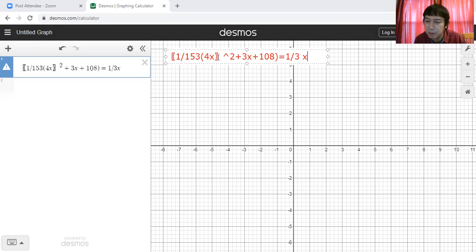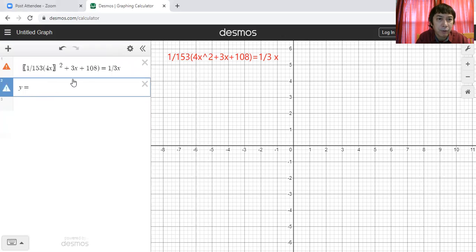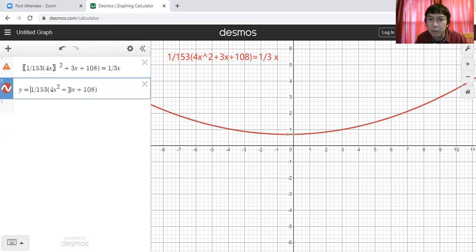So let us graph this. We're doing two equations here. One for the left side. This is the left side. And here's the graph. It's a wide parabola which opens upward.